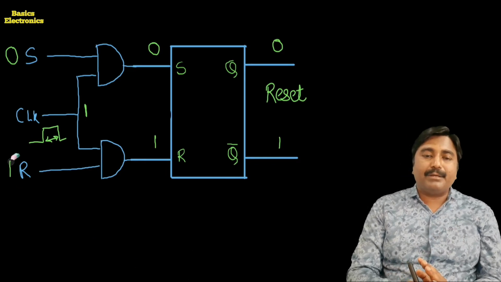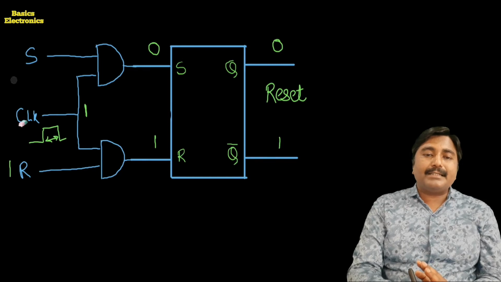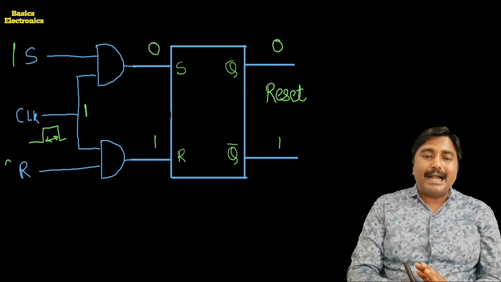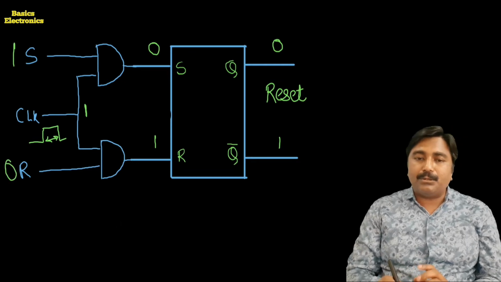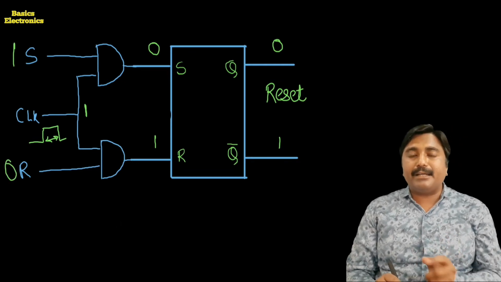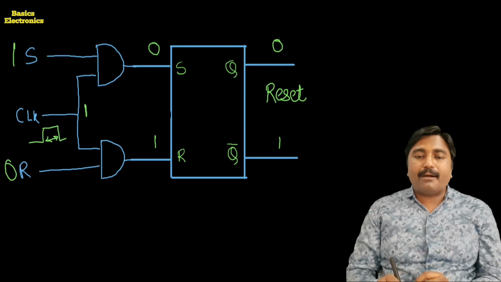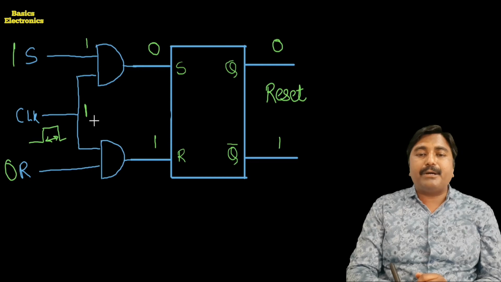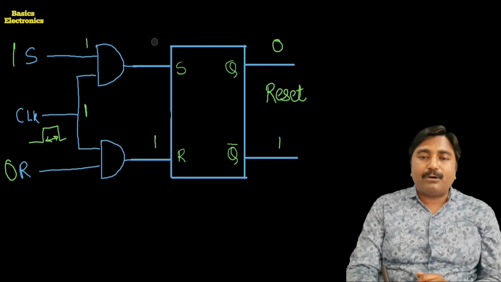Now the third condition we consider is when the S input is equal to 1 and the R input is equal to 0, and the clock pulse is again equal to 1. The clock pulse is 1 and S is equal to 1, so both inputs of the upper AND gate are 1, and it produces a high output.